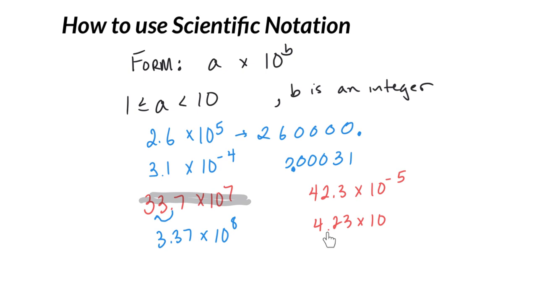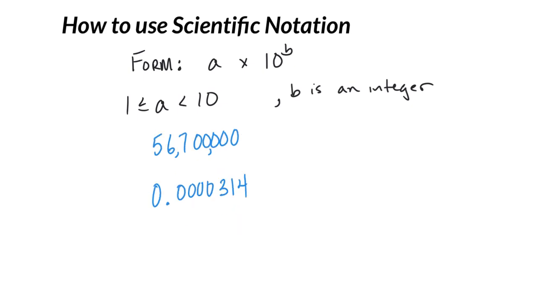So now I don't need to move it as many times because I already moved the decimal one time. It's correctly between the 4 and the 2. So I moved it once, so it now needs to move one less time than it did before. But again, this is the correct way to write it. This is no good. We want it to be a number that's between 1 and 10.